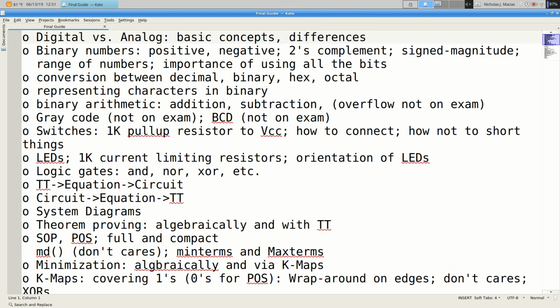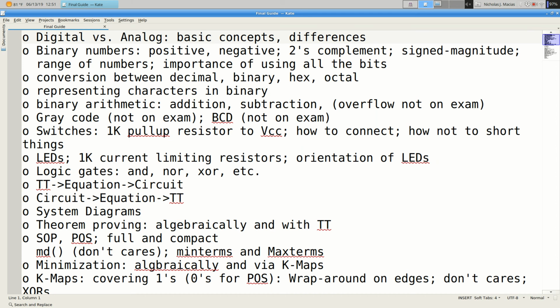So K-maps, yeah, cover your ones for sum of products, cover your zeros for product of sums. Rectangles have to have sides 1, 2, or 4 in length. No 3 by something rectangles allowed. Wrap around on the edges. You can do the super wrap on the corners if you have ones in all four. Don't cares, you can cover, but you don't have to. You have to cover every one at least once.